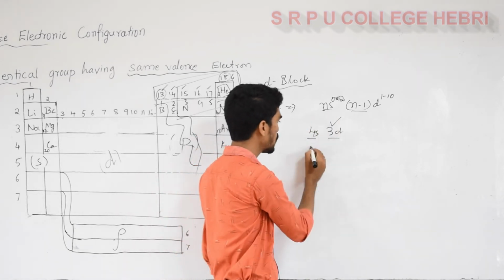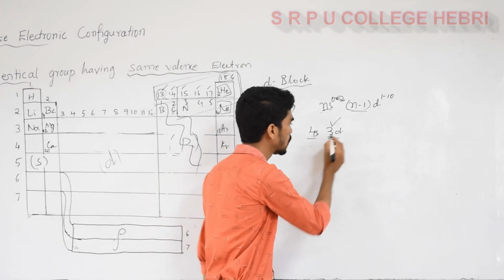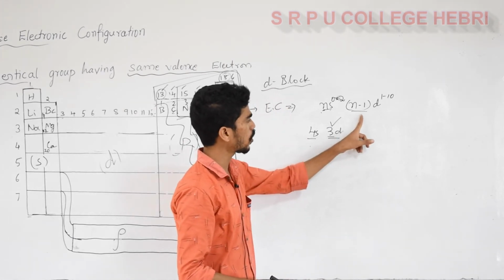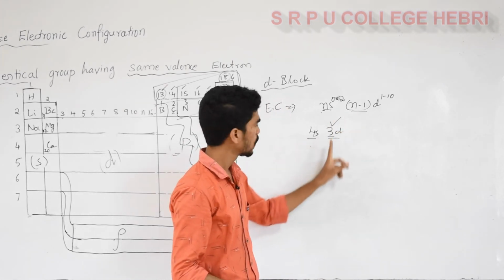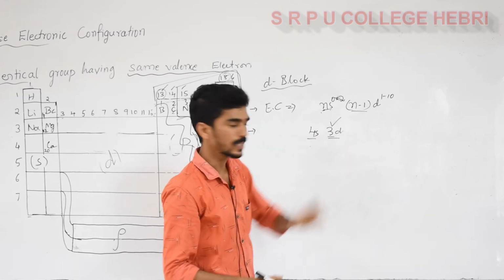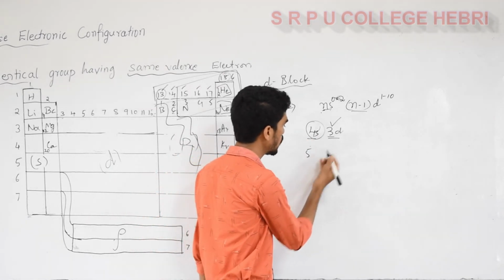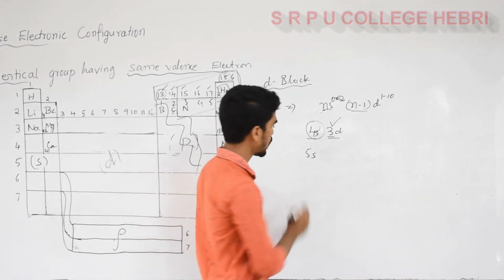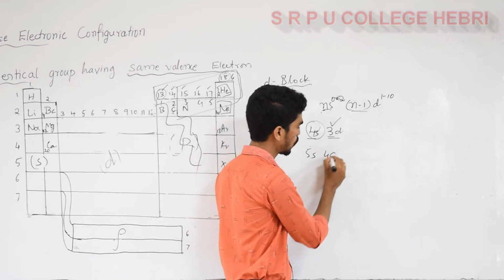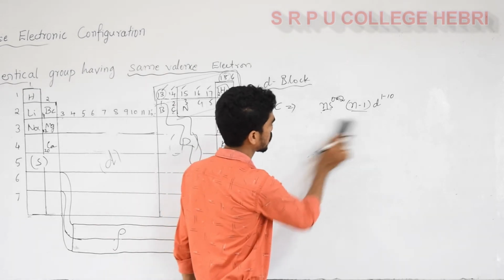So here n value is 4, 4s 0 to 2, and n minus 1 is nothing but 3. Always the d orbital has higher energy than the previous 4s orbital. In the same way, for the next element, if you consider 5s, 5 minus 1, that is 4d. The same order should be followed.